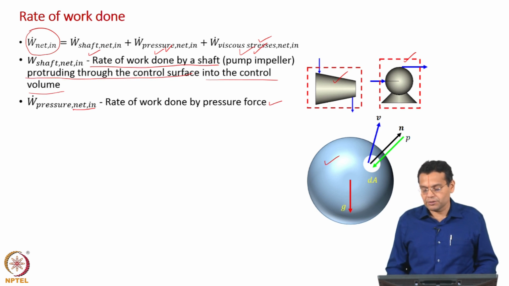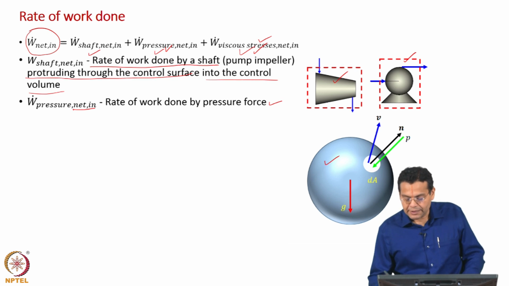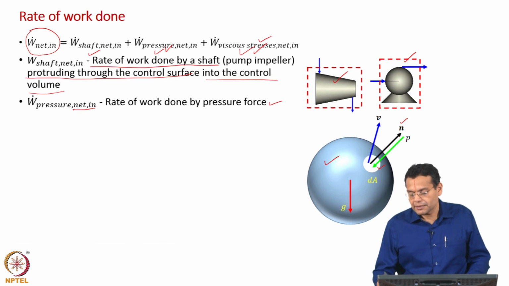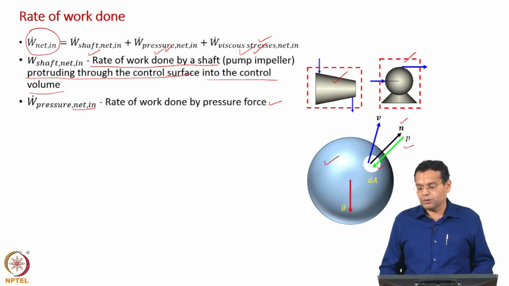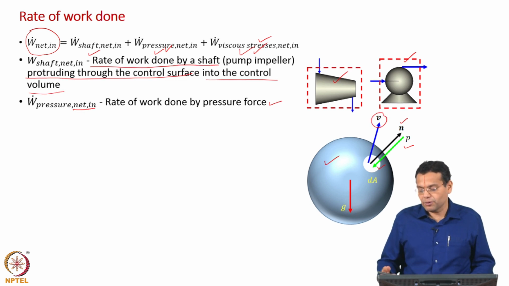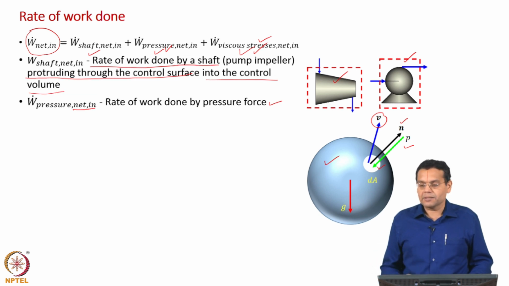The surrounding control surface is also seen. Now, we take a small area dA, n is the outward drawn normal, and P is the pressure acting over that small area. That part is the same as what we have seen earlier, and what is shown additionally is the velocity vector. So, there is flow through that small area. So, the velocity vector is also shown. Of course, as earlier, the normal vector is shown, and the pressure is also shown.